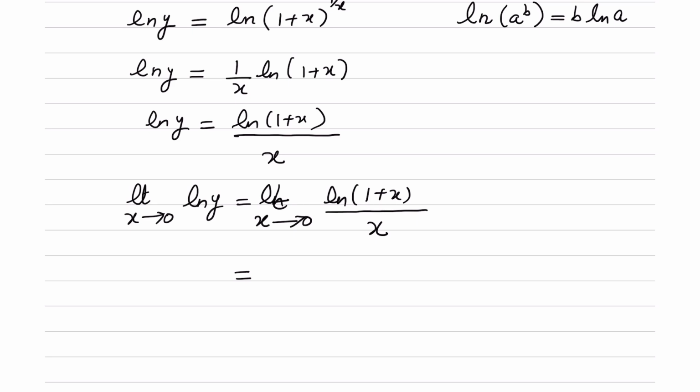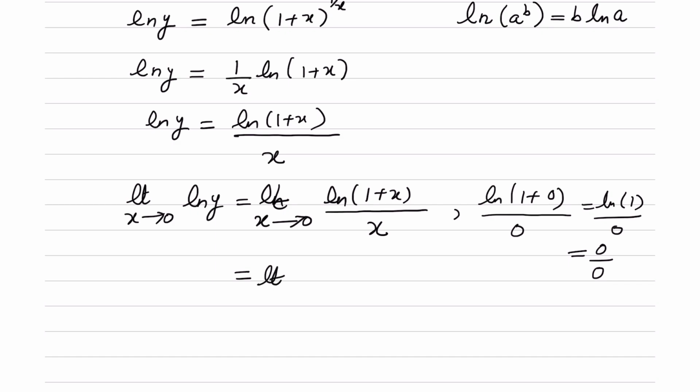If we directly apply the limit, what do we get? Ln of 1 plus 0, divided by 0. Ln 1 is 0, so we get 0 by 0.